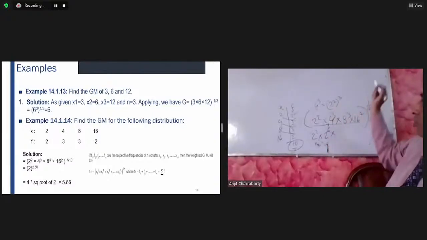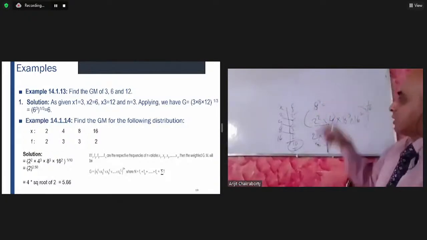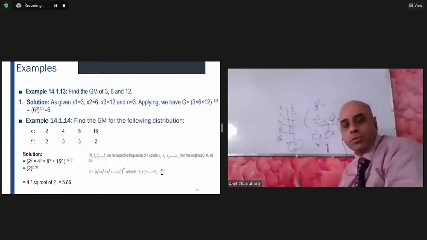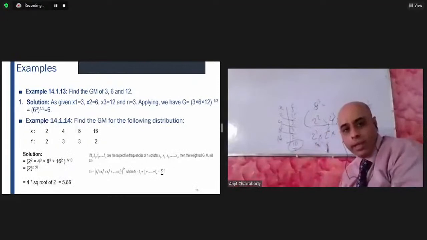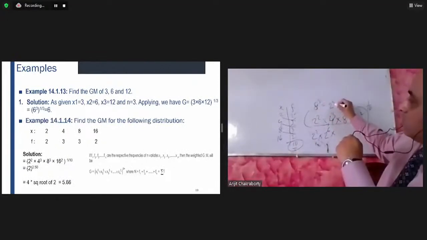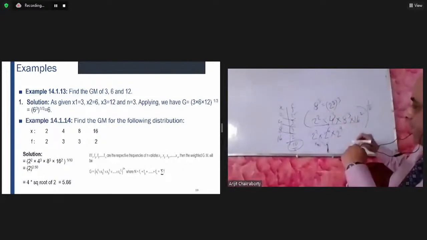Into 8 cube. 8 cube I can write as what? 8 is how much? 2 into 2 into 2. So 8 is 2 cube. So I can write 8 cube will be 2 cube to the power 3. And 3 3s are 9. So I can write 2 to the power 9.